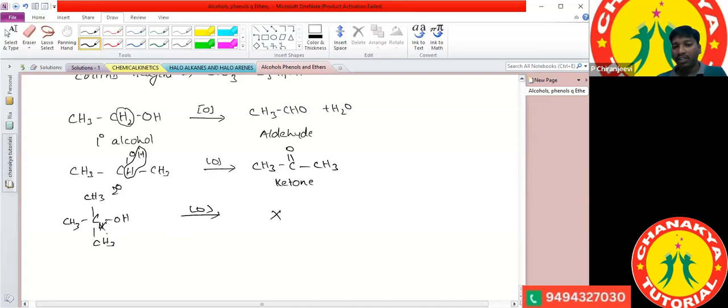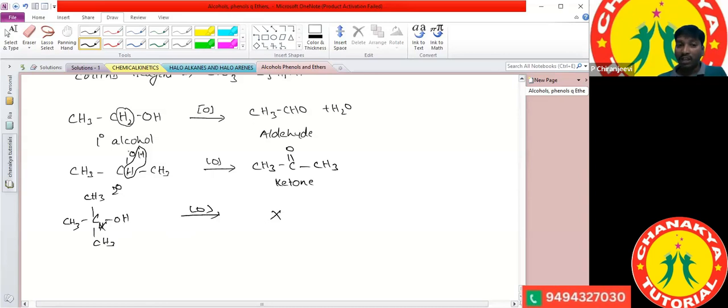So a tertiary alcohol does not undergo partial oxidation. According to that, primary alcohols are converted into aldehydes, secondary alcohols are converted into ketones, and tertiary alcohols do not give a positive test here.